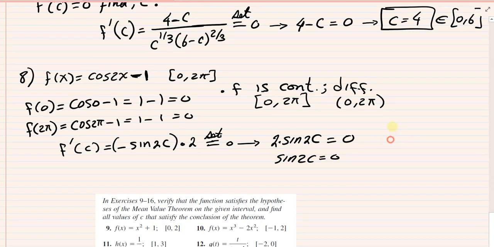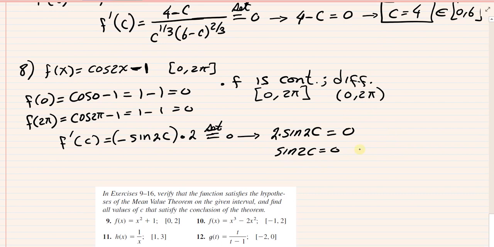So we're looking at zeros of the sine function, which are k pi, right? So we're going to set 2c equal to n pi, where n is an integer. Now our focus is on 0 to 2 pi here, so that's what we're going to focus our attention on.